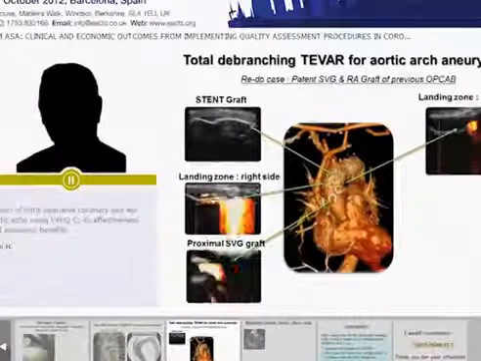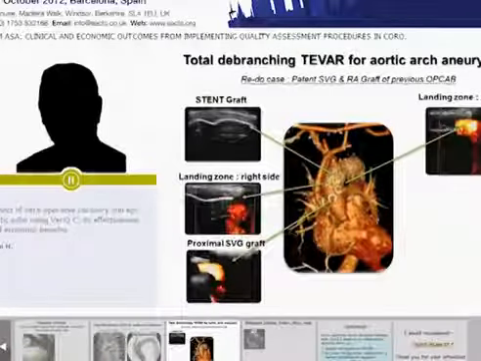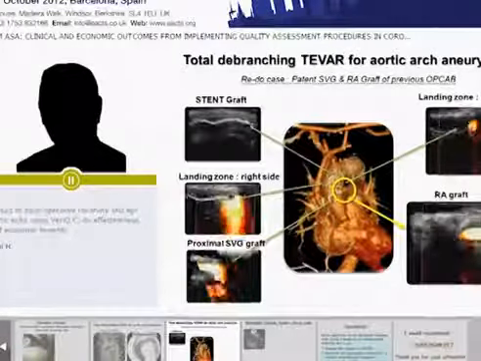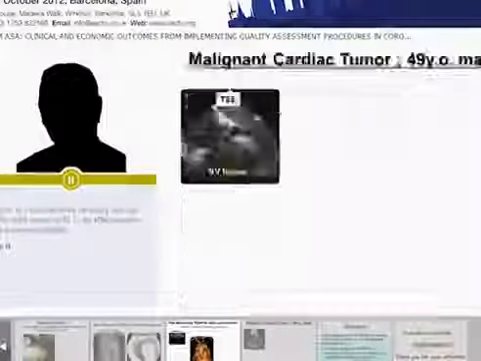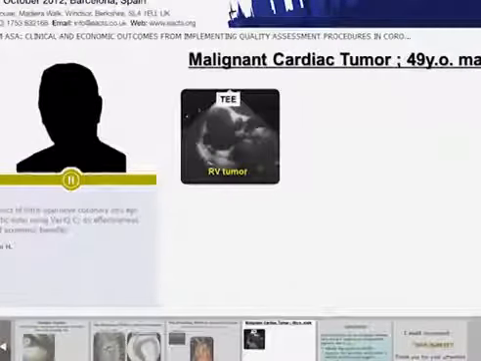Then for the minor curvature side, there is a little space between the aorta and the stent. And then finally, I found the patent graft of the radial artery. So there was no necessity to revise the radial artery graft during the operation. The patient was okay.